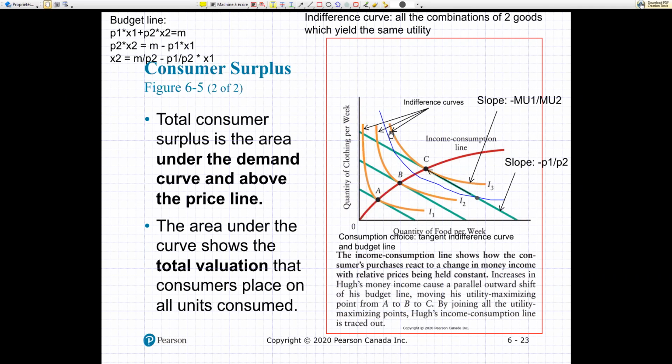Okay, so I have an infinite number of budget lines. What you have to, let me try, give me 1 second.